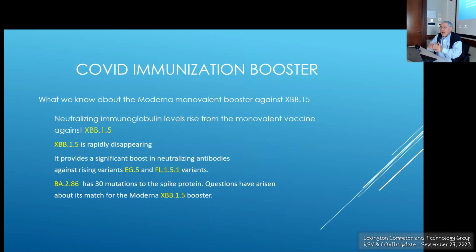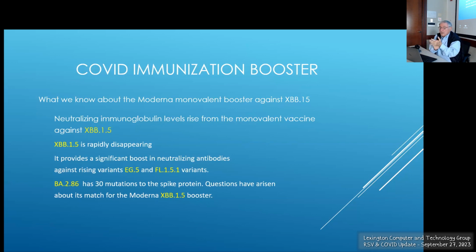You don't know. It's only 4 months, so a lot of things can change. So now here we go. What we know about the Moderna monovalent booster vaccine against XBB 1.5. Neutralizing immunoglobulin means it's an RNA that makes you make a neutralizing immunoglobulin. The neutralizing immunoglobulin binds to the spike binding domain so that it can't bind to the ACE receptor, and so it can't get into the cells.